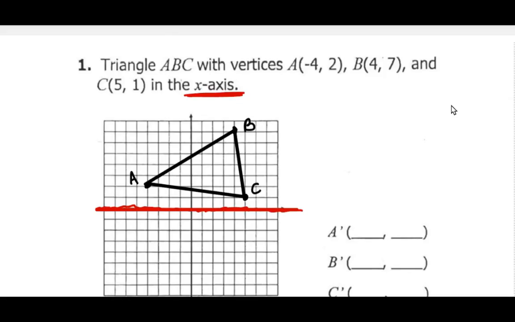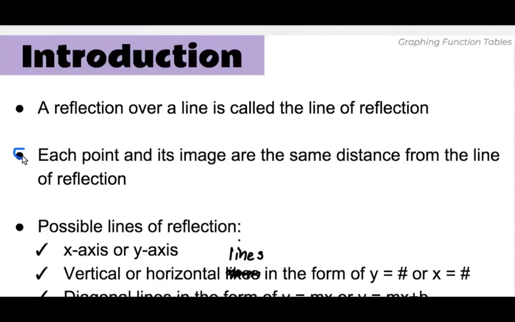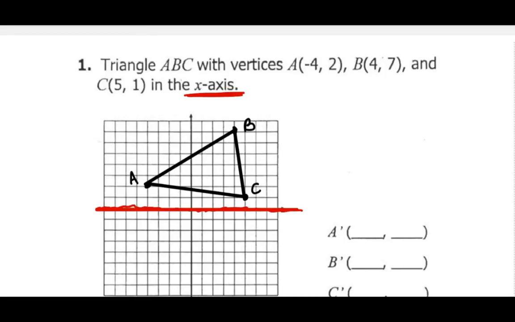So now if we look back at our information about reflections, the second bullet point says each point and its image are the same distance from the line of reflection. Okay, so we're looking at this one right here. So what that means is when I'm creating my image from the pre-image, I have A is here.